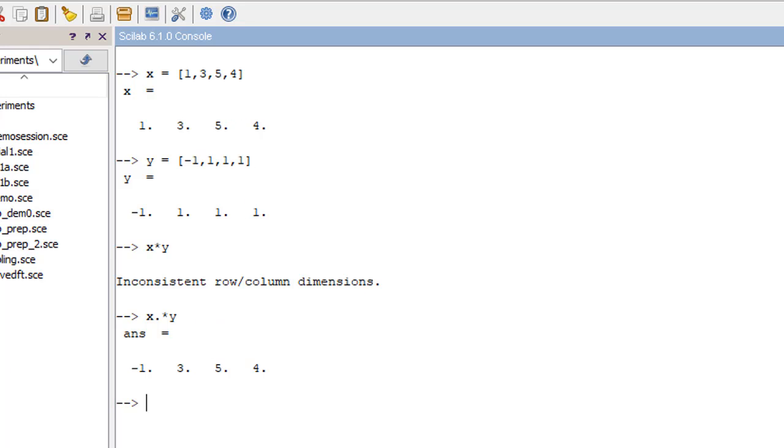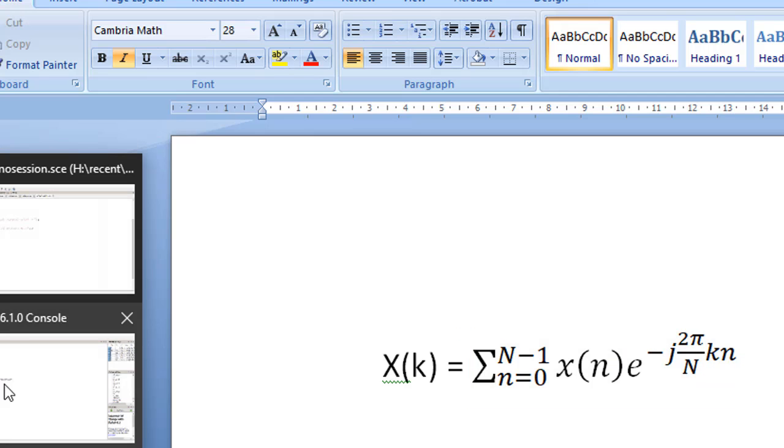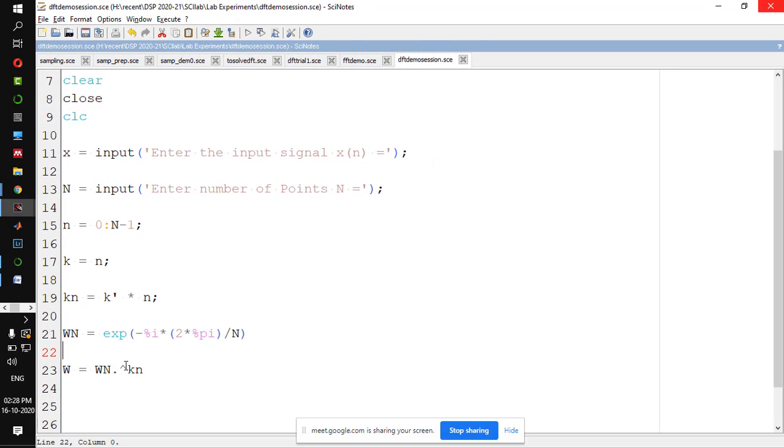In our case also, since we are defining a DFT matrix here, the power we are taking has to be element-wise power. That kn is a matrix, and the first row first element has to be multiplied with W_N, the first row second element has to be multiplied with this W_N, and so on.